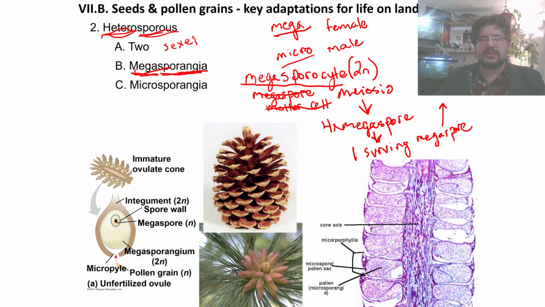And the megaspore germinates and gets us a megagametophyte. And the megagametophyte is what gets us our egg, produced on the archegonium.